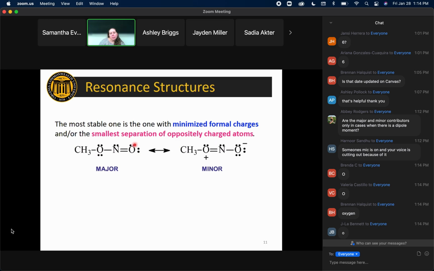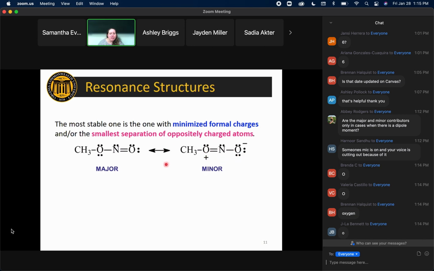Here's another example. In this example, we have a resonance form where all of the octets are satisfied and there are no formal charges anywhere. And we also have a resonance form where all of the octets are satisfied, but our electronic distribution means that we have a formal charge that's negative on this oxygen at the end of the molecule and a formal charge that's positive on the oxygen in the middle of the molecule.